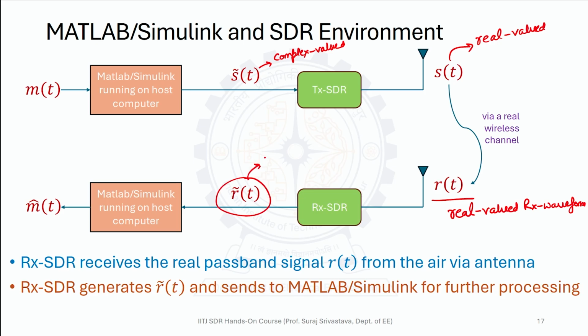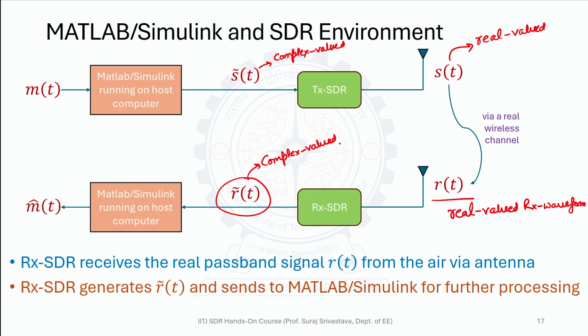This complex valued waveform is given to the MATLAB Simulink model, which is running on our host computer, and by using our signal processing algorithms, modulation and demodulation blocks implemented in MATLAB Simulink, we recover the message signal m(t) back. So m hat t represents the estimate or the recovered message signal m(t).